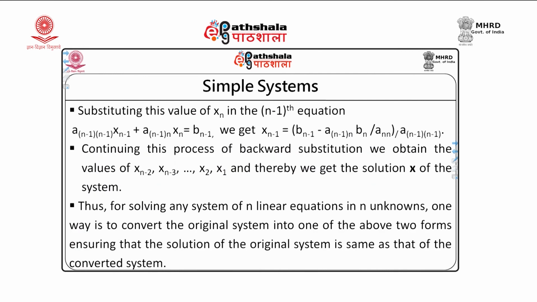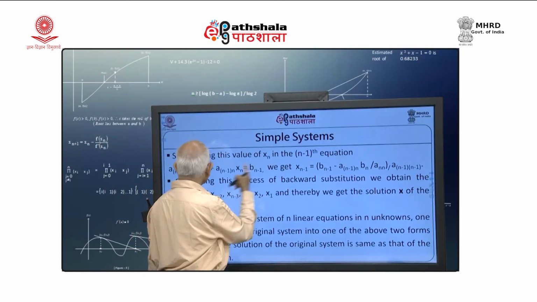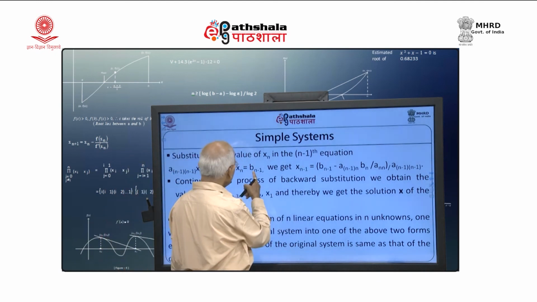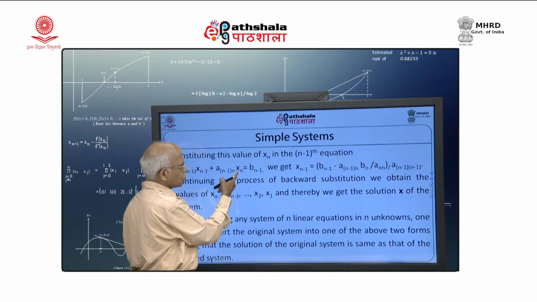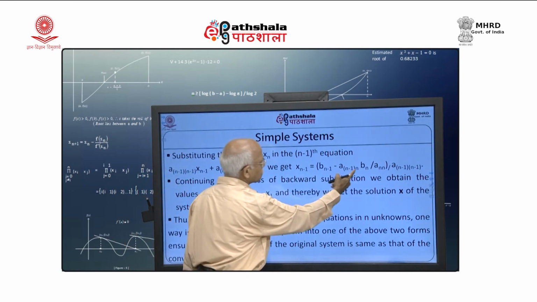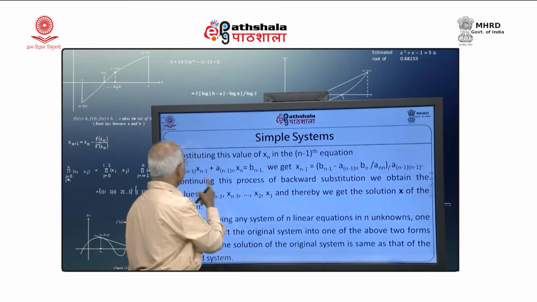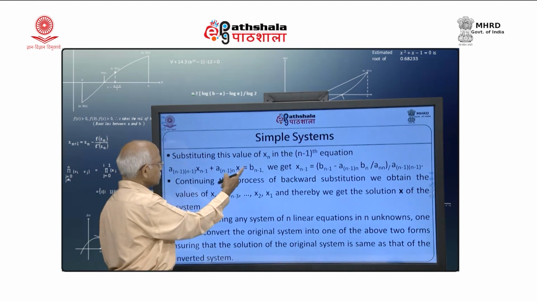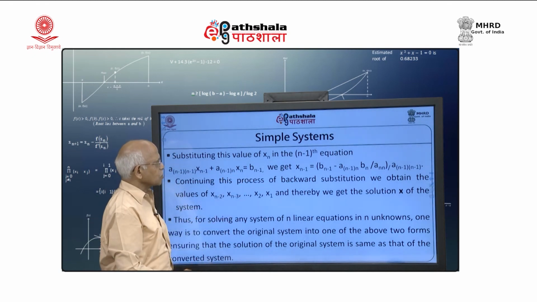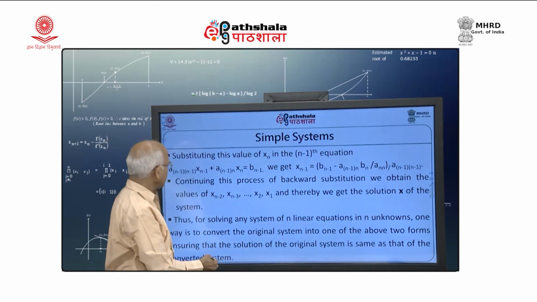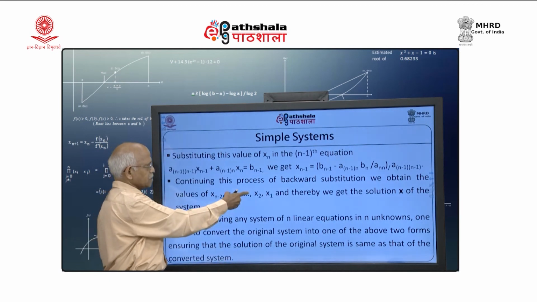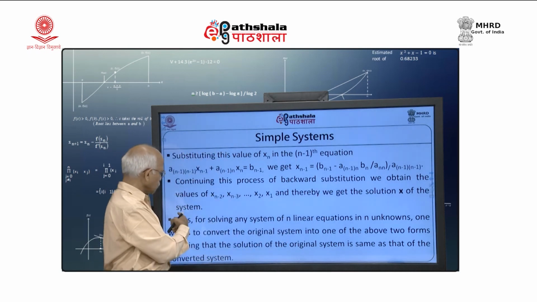If I substitute that value in the (n minus 1)th equation, I get a_(n-1,n-1) x_(n-1) plus a_(n-1,n) x_n equal to b_(n-1). Since x_n is already computed, I can subtract it, that is b_(n-1) minus a_(n-1,n) x_n, and divide the whole thing by a_(n-1,n-1) to get x_(n-1). Continuing this process of backward substitution, we obtain the values of x_(n-2), x_(n-3), up to x_2 and x_1. Thereby we get the solution of the system.